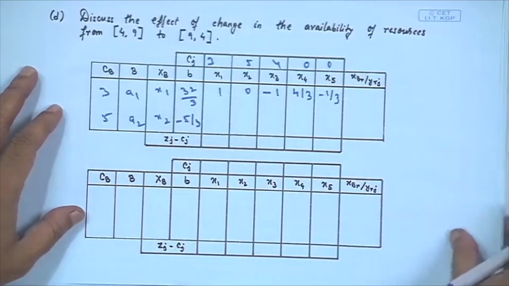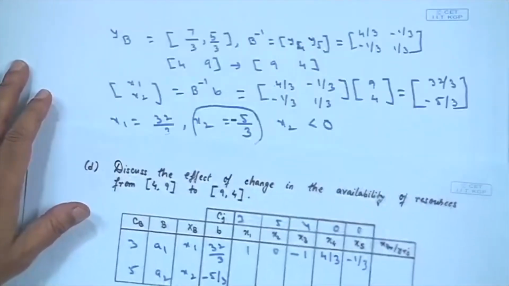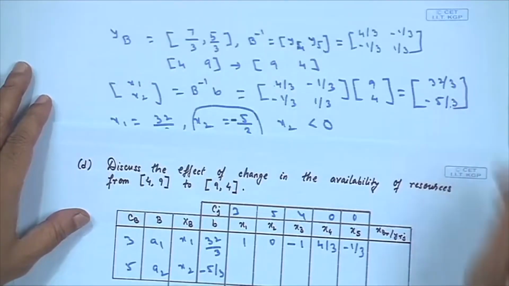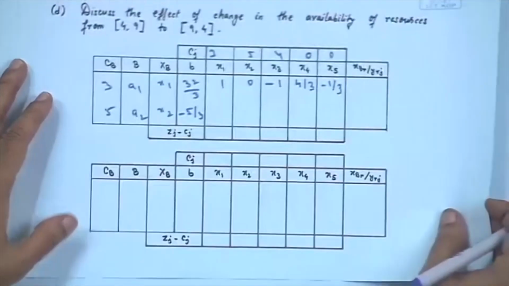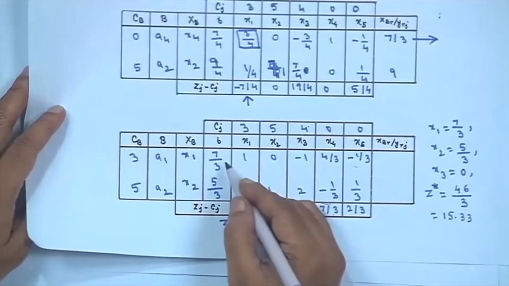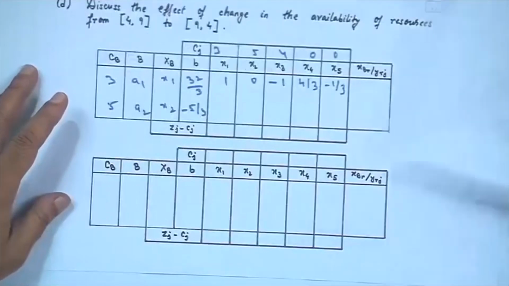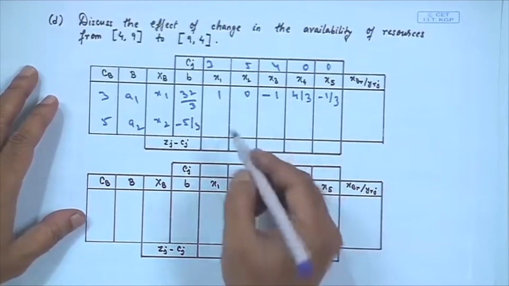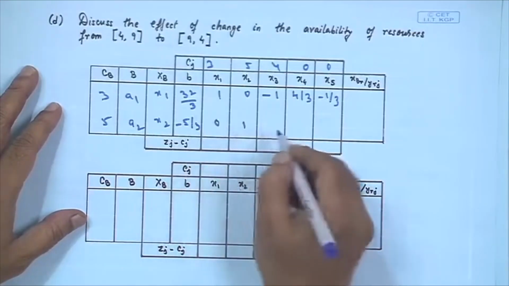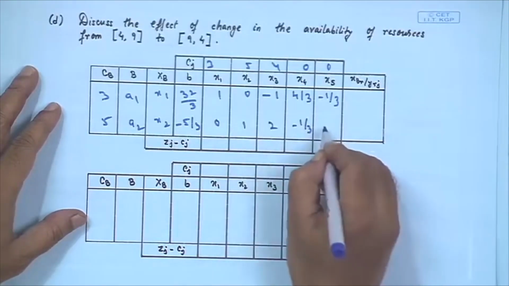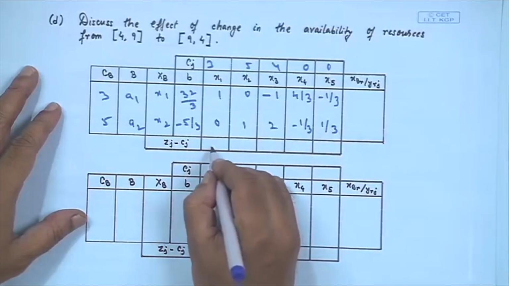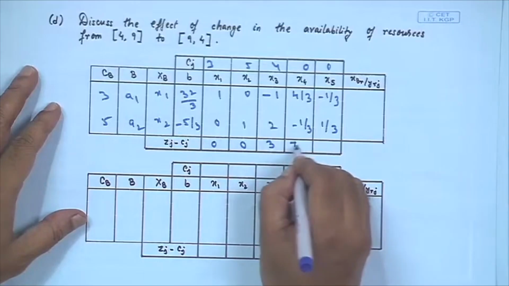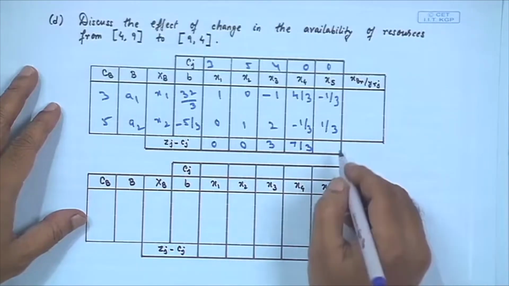Effectively what I have done, I have changed this b value to 32 by 3 and minus 5 by 3 in the original problem. Here it was 7 by 3, 5 by 3. This I am changing to 32 by 3, minus 5 by 3. All other things will remain the same: 0 1 2, minus 1/3, 1/3, zj minus cj value 0 0 0 0.